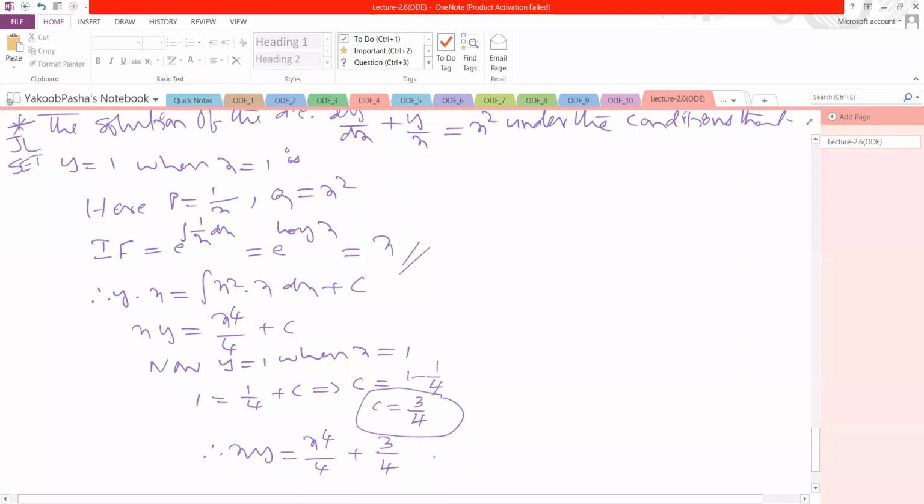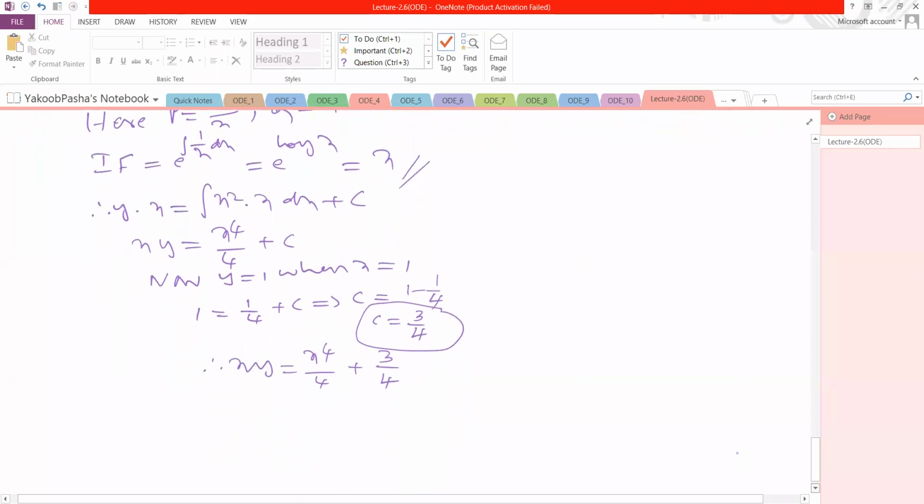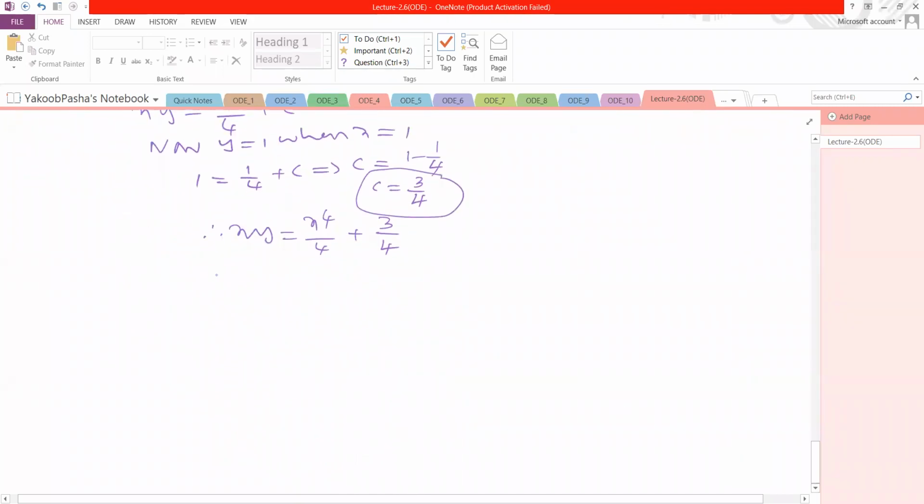Here the LCM on the right hand side is 4 and it goes to the left hand side. So we get 4xy is equal to x power 4 plus 3. This is the solution of the given differential equation.